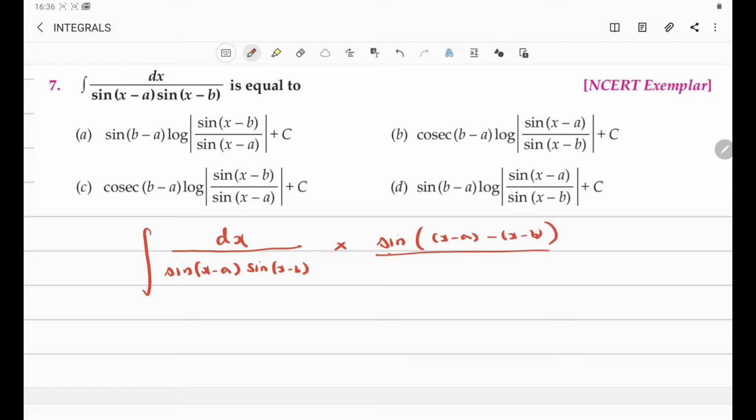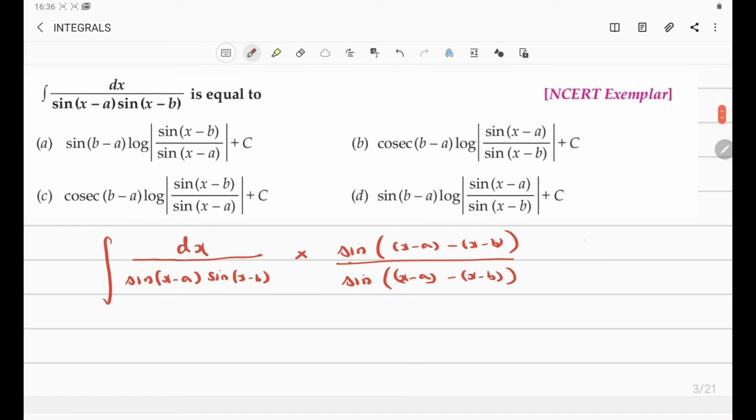difference of the two angles, sine of (x minus a) minus (x minus b). And this (x minus a) minus (x minus b) is nothing but x minus a minus x plus b, which is b minus a.